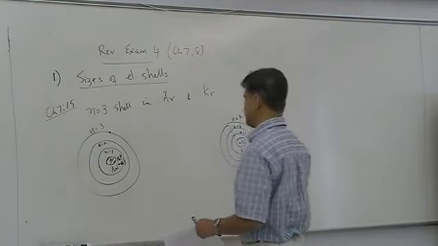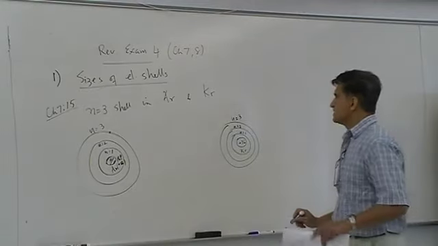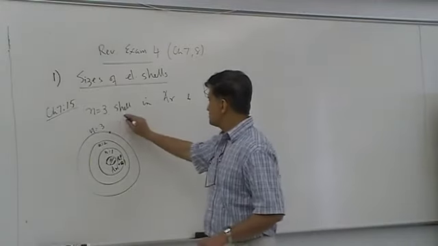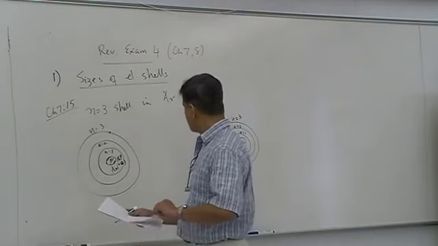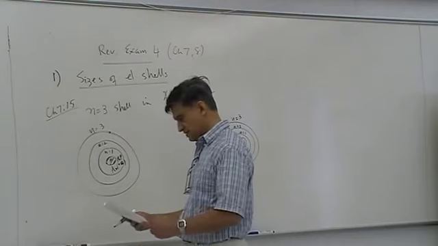So between these two, the n equals 3 shell is going to be smaller for krypton than in case of argon.